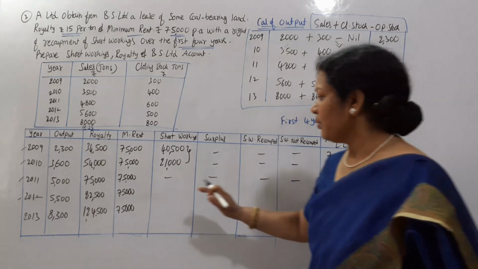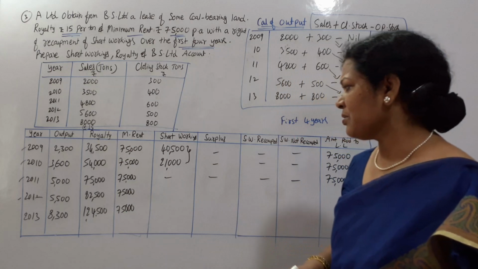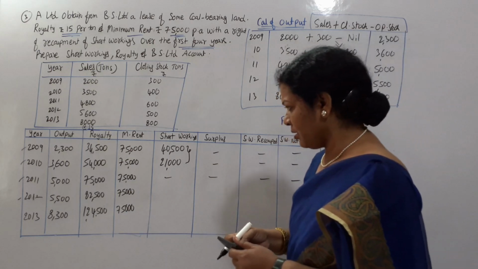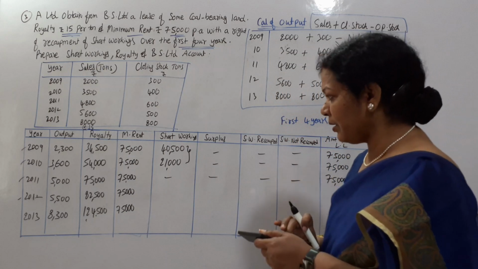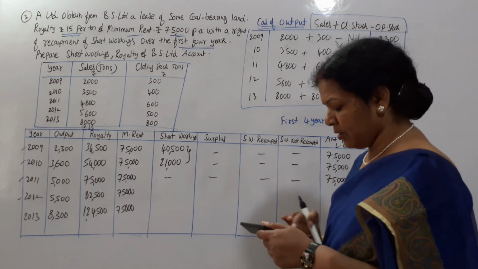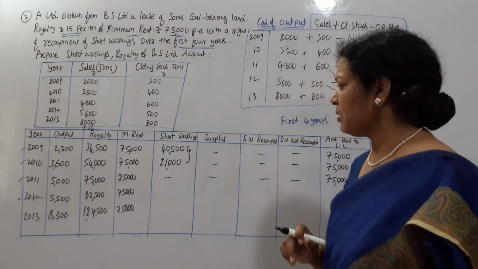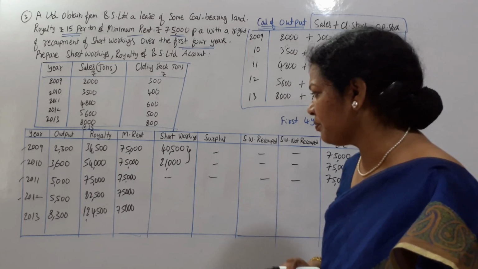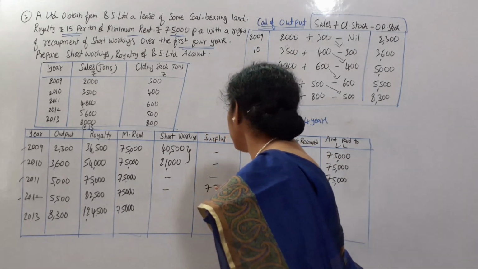But how much surplus do we have? 75,000 is the minimum rent, and we have 82,500 minus 75,000. Surplus of 7,500 only. Yes, 7,500 we have surplus.